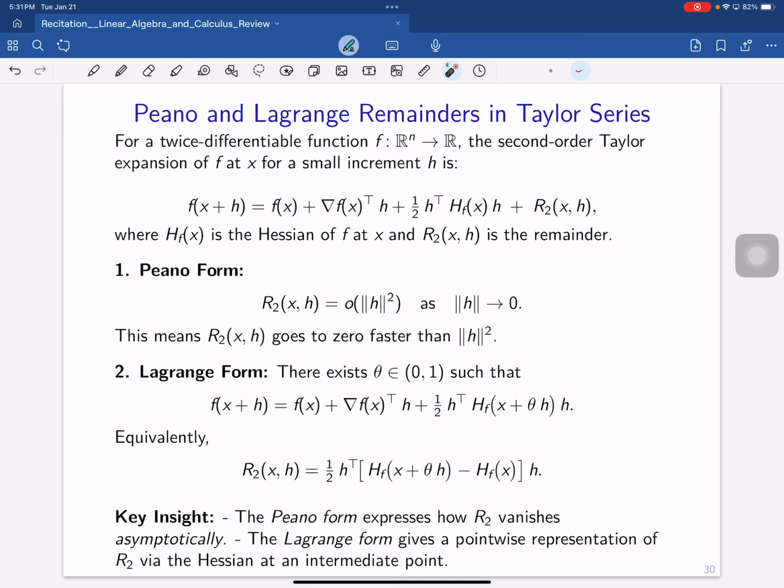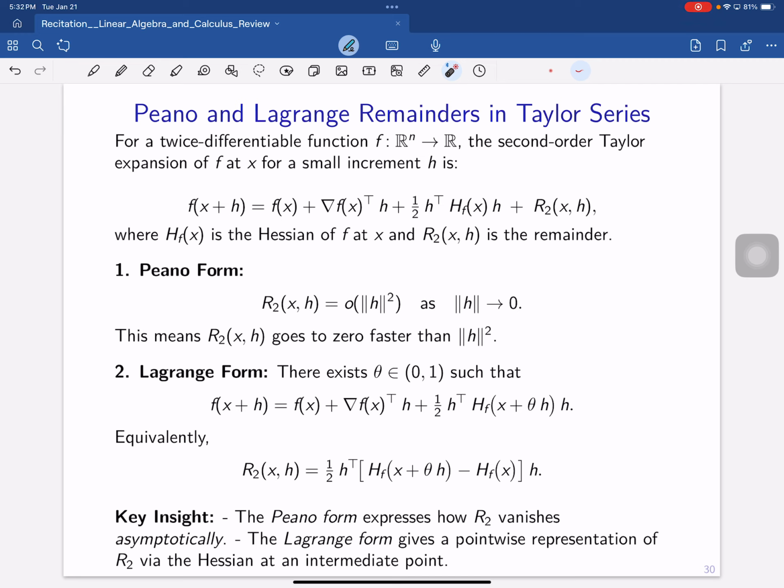To what extent are you approximating it? So you could write down this Peano form and the Lagrange form in a general way, where first you write down that this is nothing but a Taylor series expansion, and this R2 is called the remainder, which gives you the error of the second order Taylor series expansion.